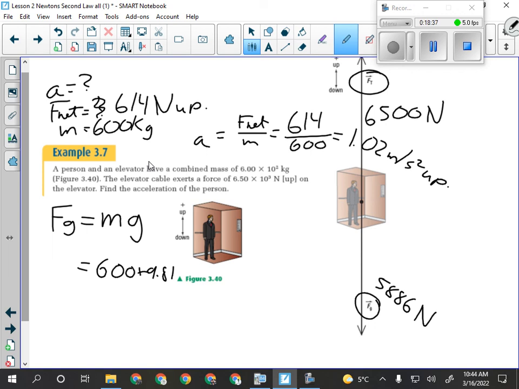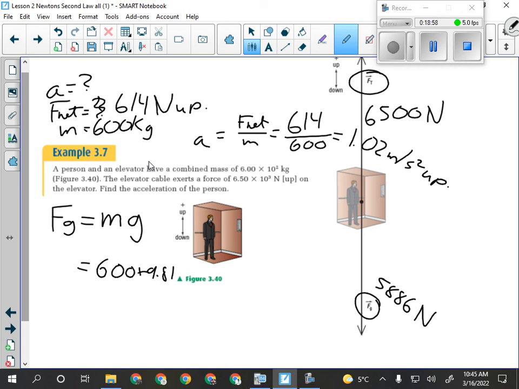Okay, everybody kind of follow how the elevator question works? They're very straightforward, which is why you see them a lot in questions. What we have to understand is they can really mess up the wording in these to try and trick you. They can say the apparent weight of the person inside the elevator is this much and their mass is this much.